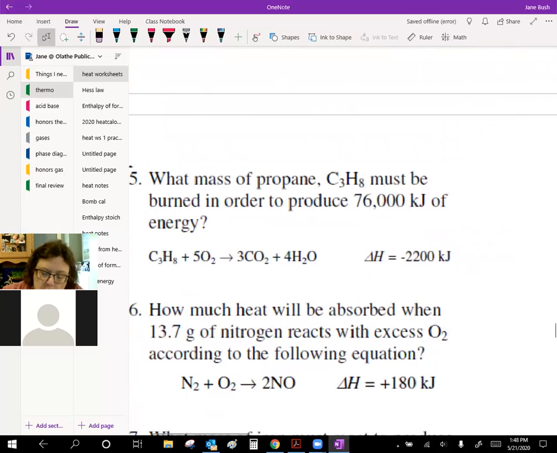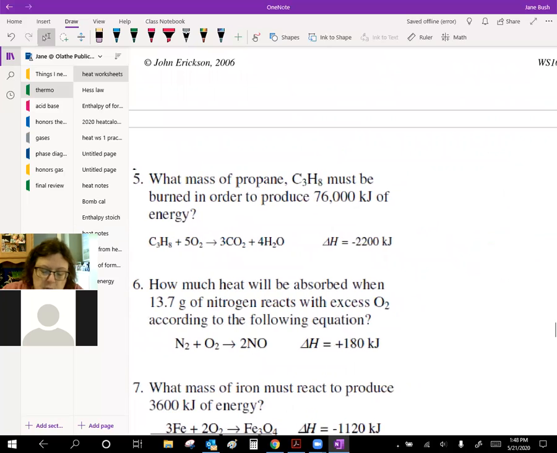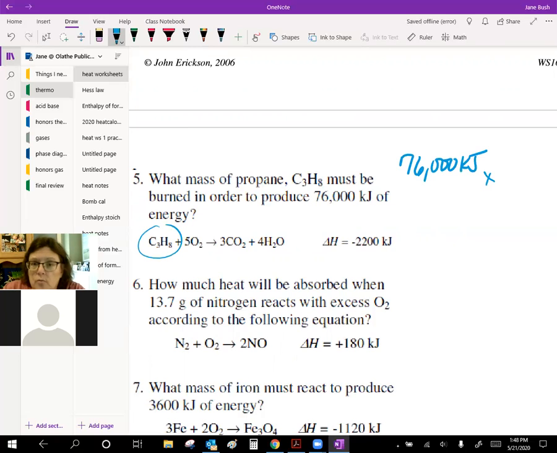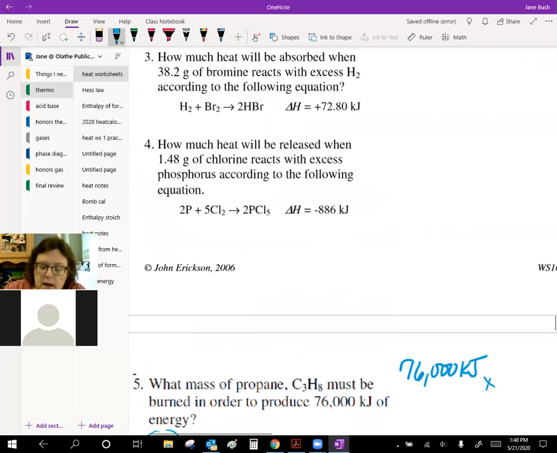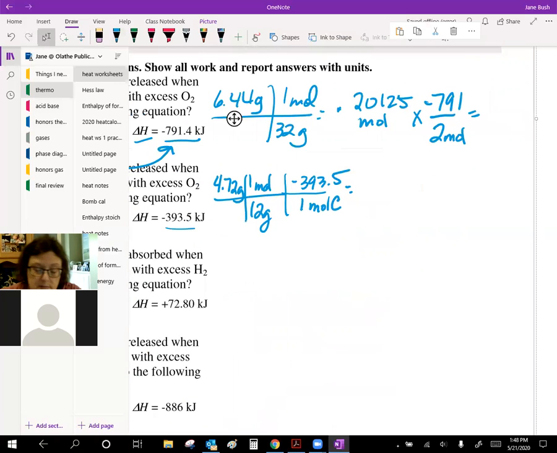If you got one like this, this guy is giving us energy and it wants to know mass of propane. So we're going to work backwards. We're given 76,000 kilojoules and we want to know moles and then grams. So before we multiplied by the coefficient under the energy, guess what we're going to do this time?